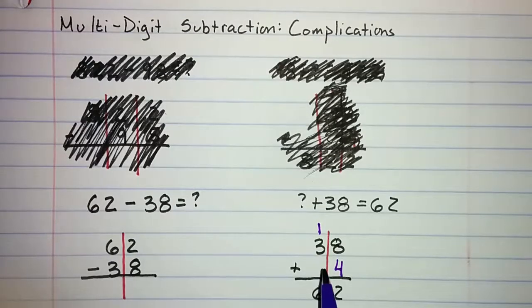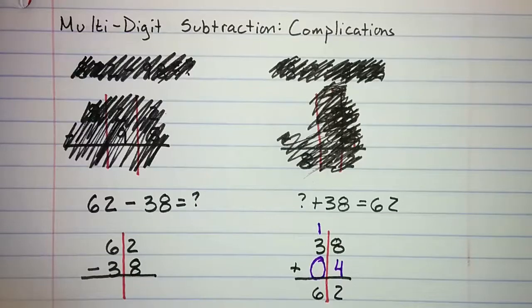Oh. But now, when we add 3 plus whatever number is here, we don't get 6, do we? We get 1 less than 6, because then we add another 1 on. We don't get 6, we get the number before 6. We get 5 here.